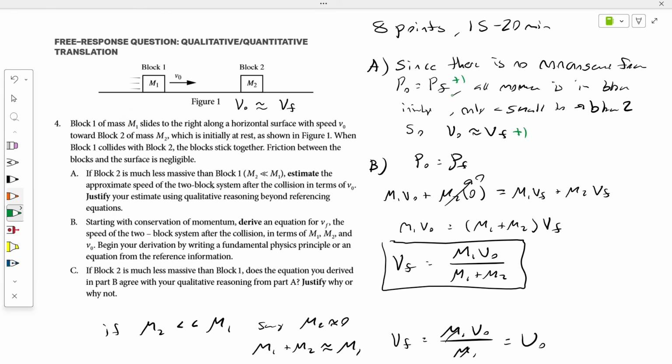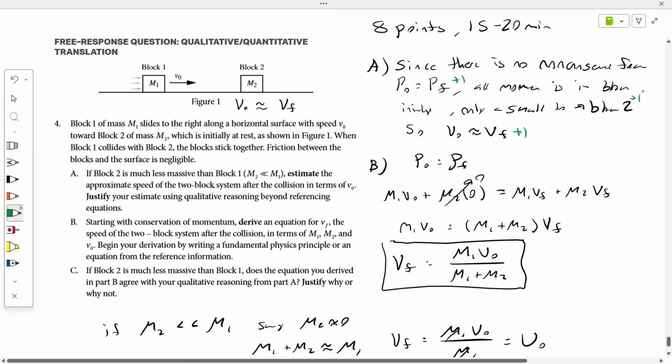Then we also get a point for the justification. For us, it would be a statement relating the block's mass to the magnitude of the change of the block's momentum being very small, so the change in velocities will be insignificant. If you use Newton's third law, you could get a point for a correct statement relating Newton's third law to a small acceleration of block 2 or a large acceleration for block 1.